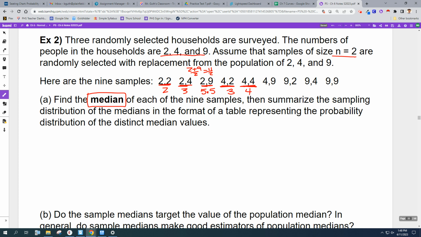Well, you add those up, that's going to be 13 over 2. That's 6.5. Right? 4 plus 9 over 2. 9 and 2, well, we already did 2 and 9. That'd be the same thing, 5.5. 9 and 4, we already did 4 and 9. Didn't we? Yeah. That's 6.5. 9 and 9, the median of that is 9. Oops, mistake, 6.5.